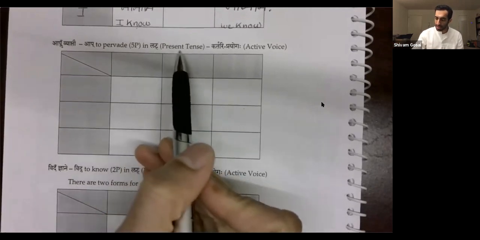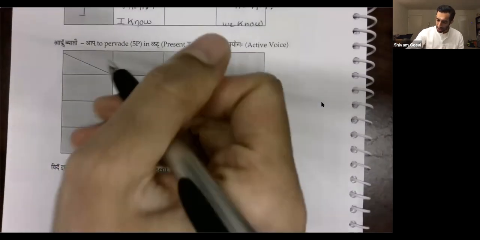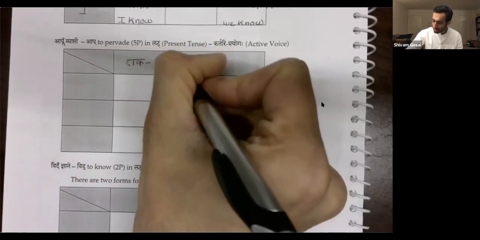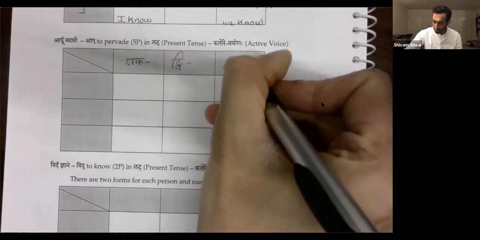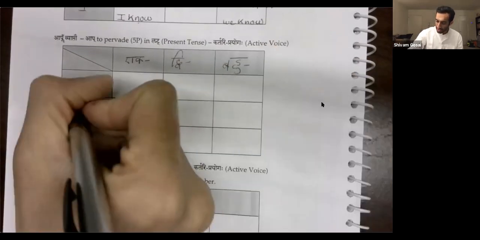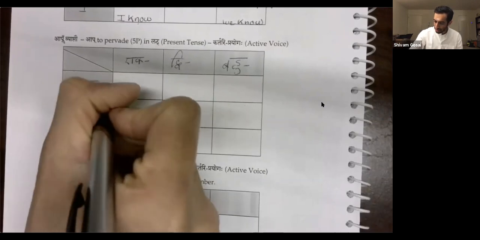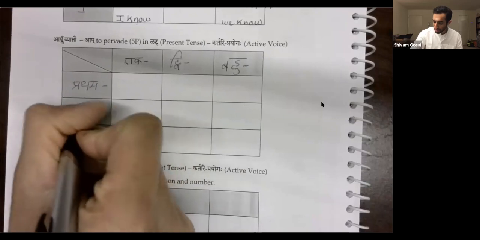in lat kartari, lat lakara, present tense, kartari prayoga, active voice. So let's just, so ekavachanam, dvivachanam, and bahuvachanam. And then pratama purusha. You usually want to write out the whole thing, but just for time, I'm just cutting it short.